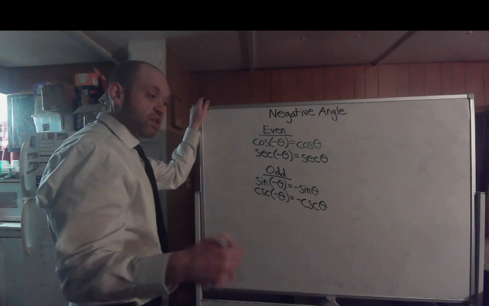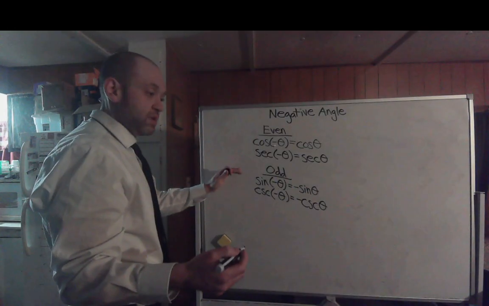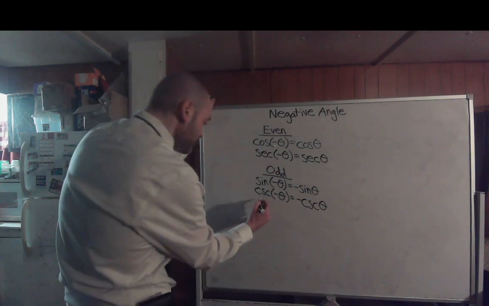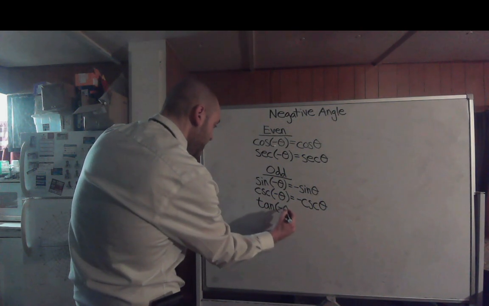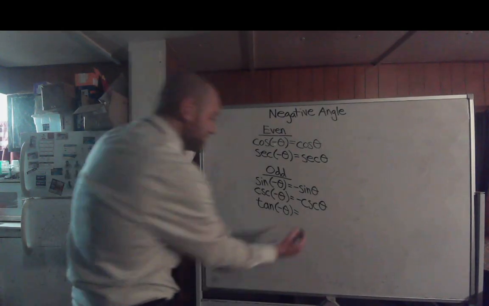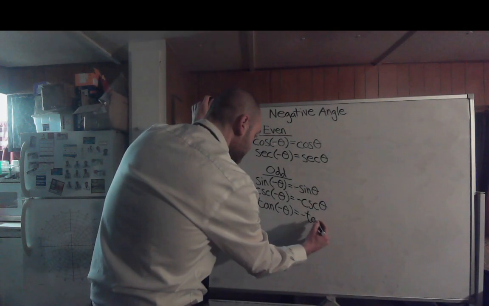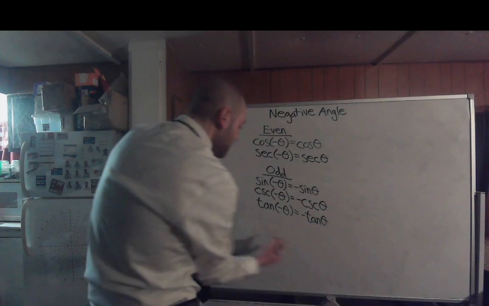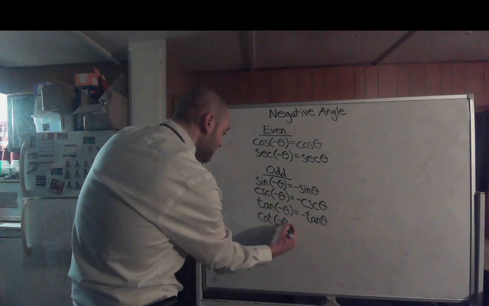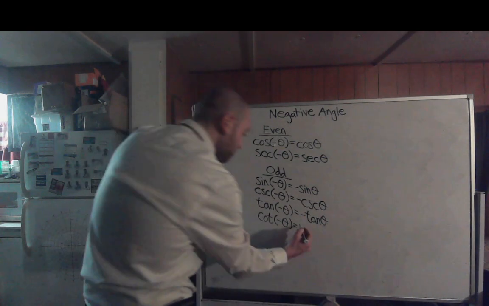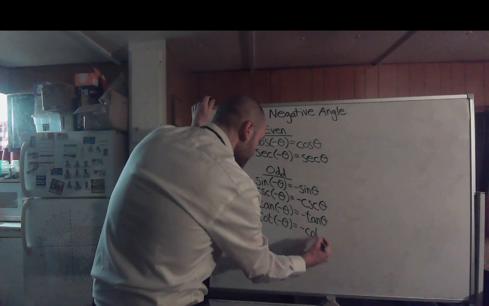And then tangent and cotangent are just ratios of sine to cosine. So this means that the tangent of negative theta is going to equal negative of the tangent of theta. And then the cotangent of negative theta is going to equal negative of the cotangent of theta.